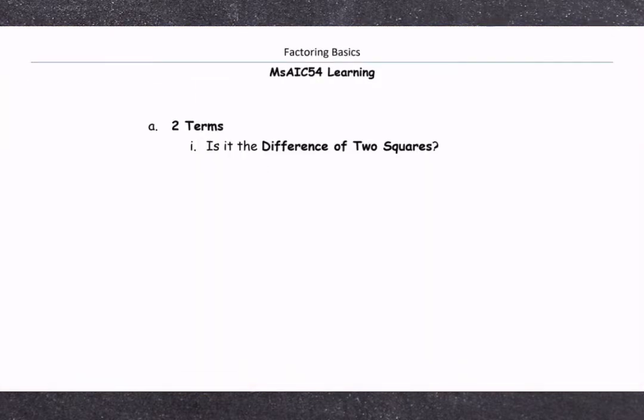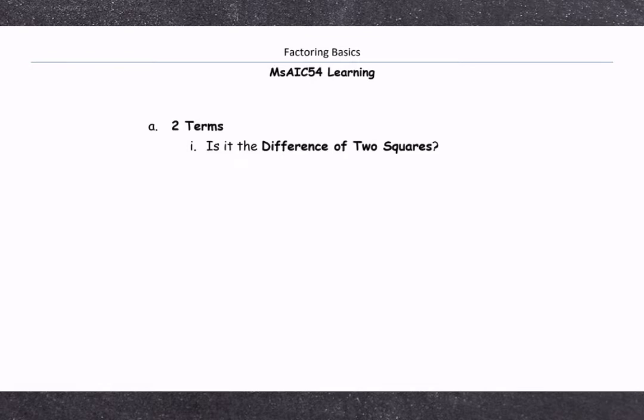So depending on what your situation is, if you have two terms, you're going to choose one of those three techniques. The difference of squares, the difference of cubes, and the sum of cubes. Now let's look at each one of those bit by bit. So let's say you go through and you count your terms and you have two terms.